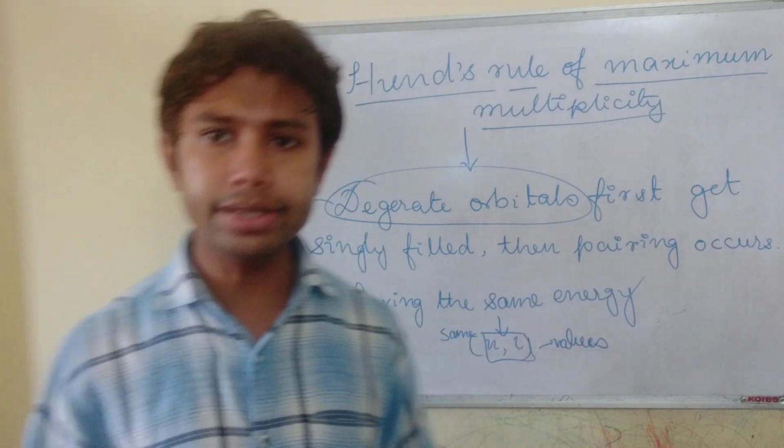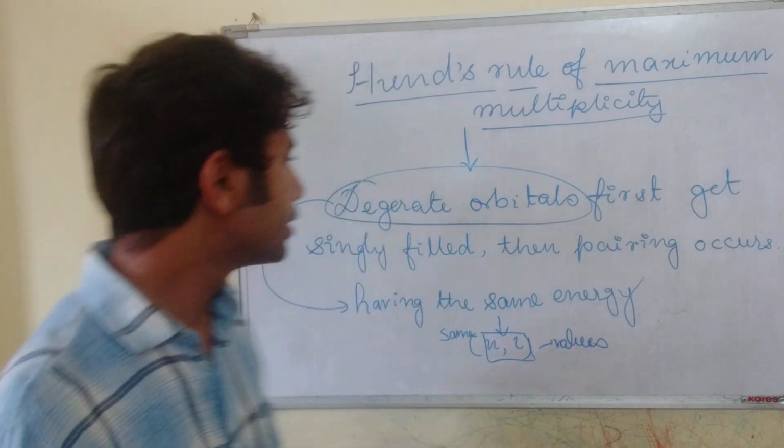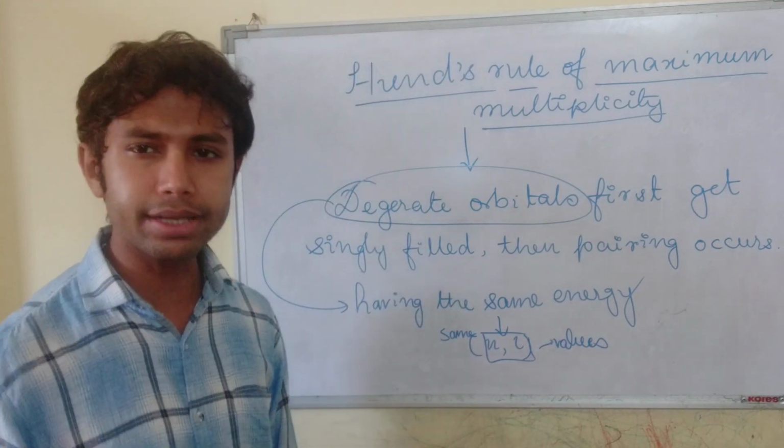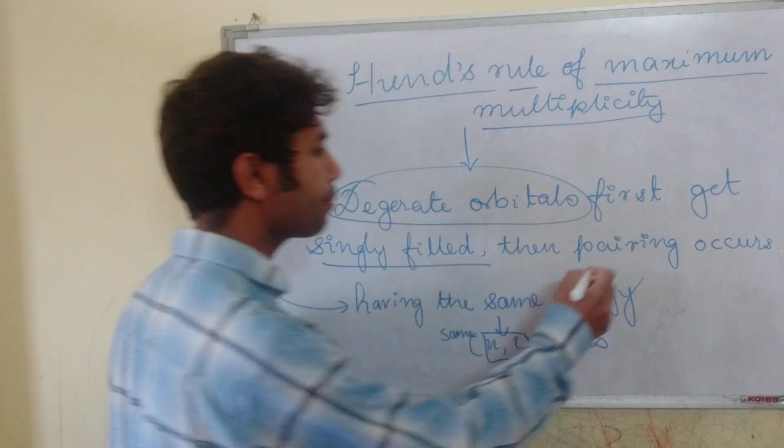Now this rule says that degenerate orbitals first get singly filled, then pairing occurs.